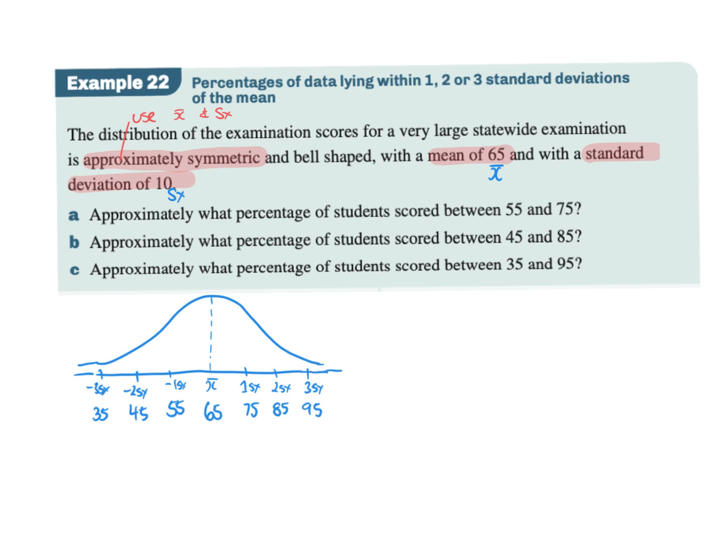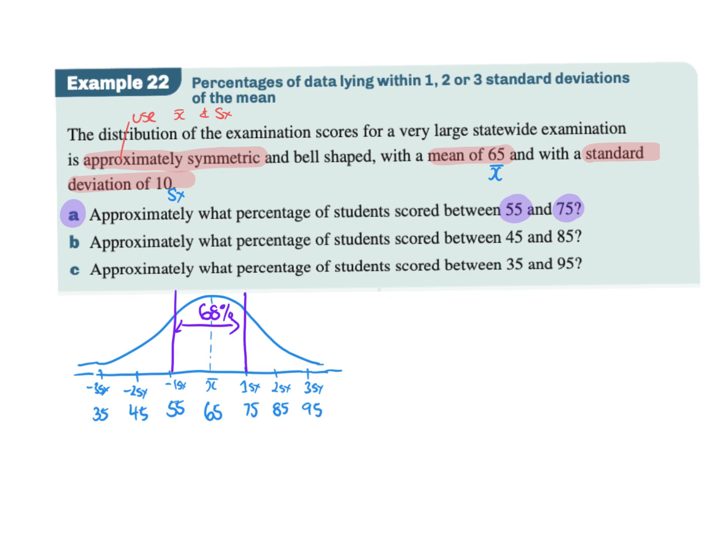The first one, A, they asked me what percentage lies between 55 and 75. If I go over to my little diagram, 55 and 75, that was plus 1 or minus 1 standard deviation. So in our rule, what was the percentage when we were plus or minus 1 standard deviation? It was 68%. Do you remember that?